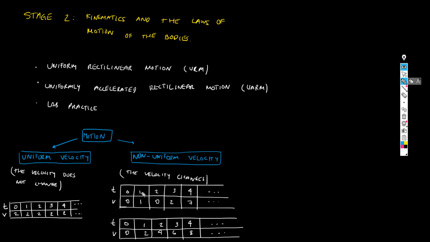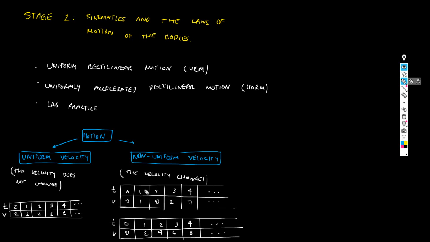Fine. At time 1, we have a velocity of 1 meter per second. So right away, we can immediately see, just by these two pieces of information, that the velocity changed, because from time 0 to time 1, the velocity already changed. It did not stay constant like in here.